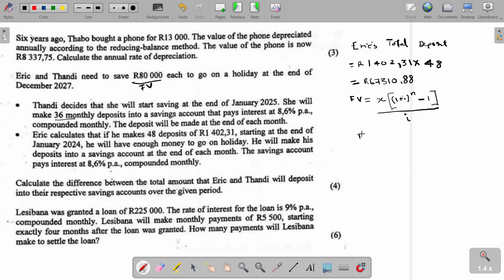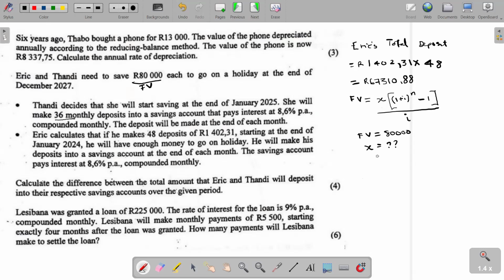So our future value there is equal to 80,000. Then what's the X? X is representing the monthly deposit. We don't know what Tandy is going to be depositing per month, therefore it means that the X is missing.